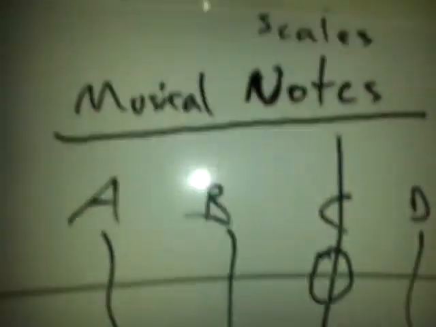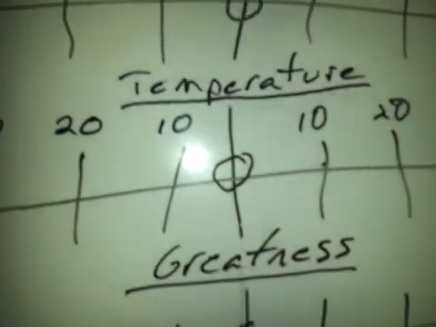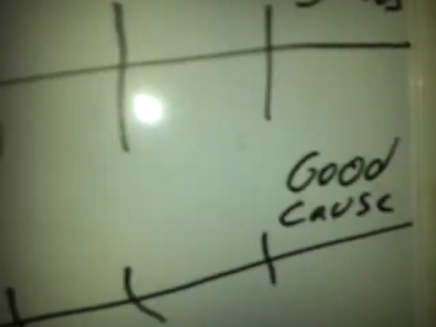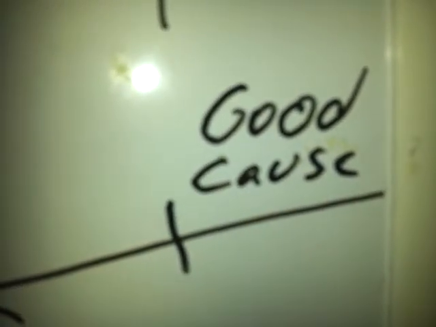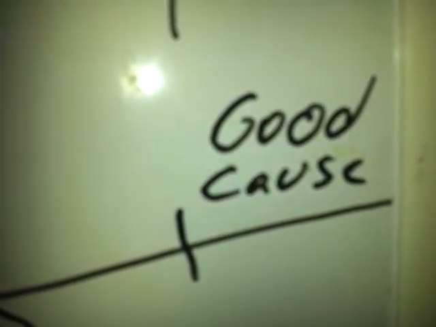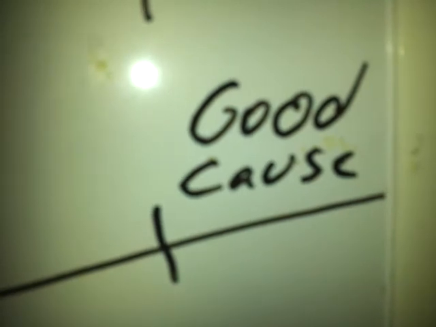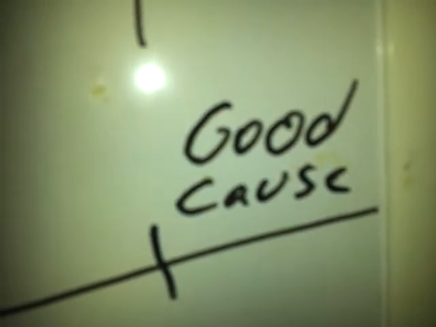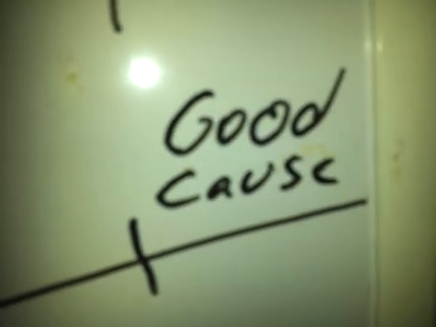So there's a scale of revolution, just like there's a scale of greatness, there's a scale of temperature, and there's a scale of musical notes, and a scale of supremacy. On a scale of revolution, a good cause would be taking something back and giving it to the people that it rightfully belongs to.